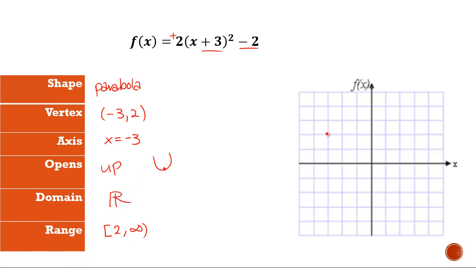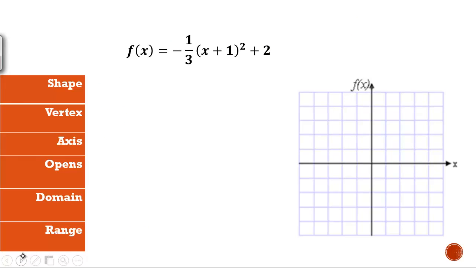It starts at (-3, 2), opens up, and everything is doubled. So instead of 1, 1, you have 1, 2. Instead of 2, 4, you're going to have 2, 8. It's going to be really high, so it's going to be tall and narrow because all the numbers are being multiplied.